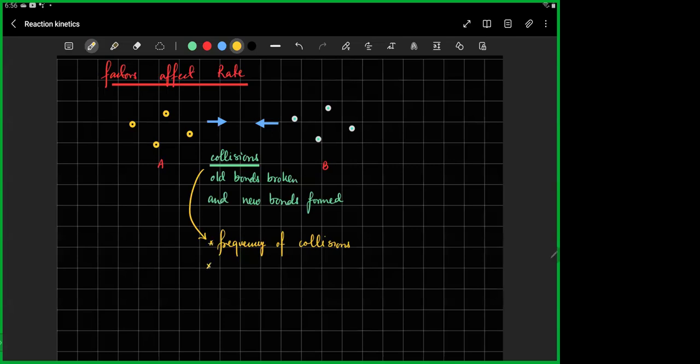The second way that they're going to be described is the effectiveness of collisions, or the better way of writing that is proportion of effective collisions.